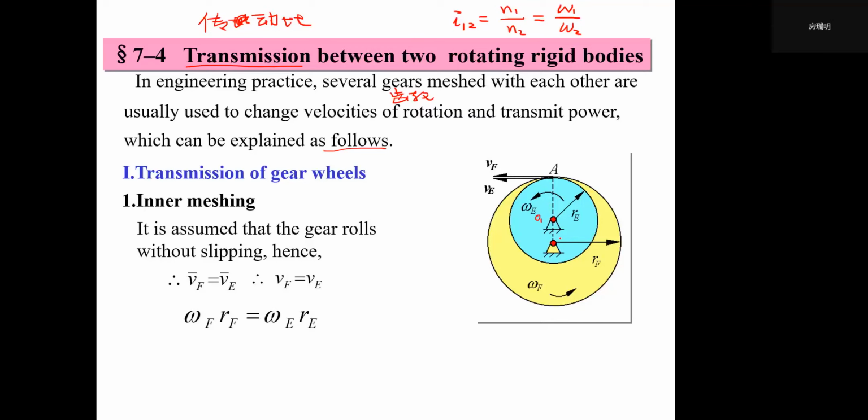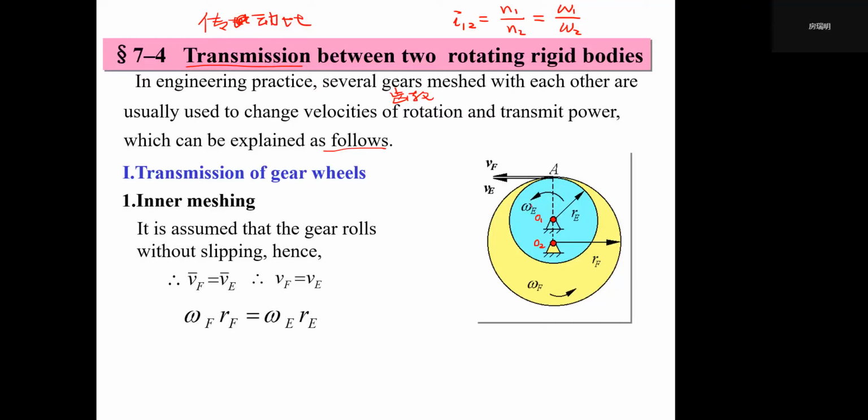The yellow one's rotating center will be O2 here, right? So these two gears will rotate around the different fixed points O1 and O2 respectively.